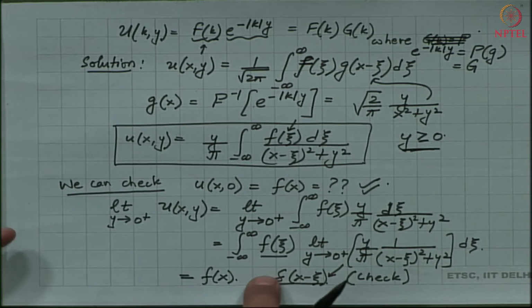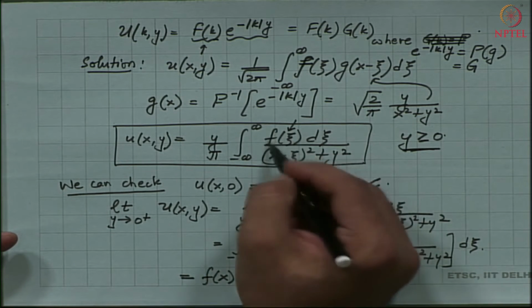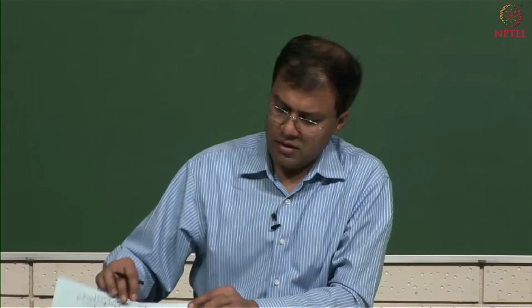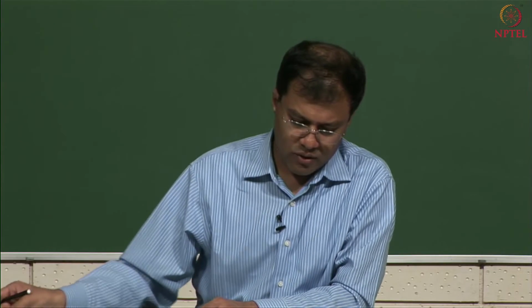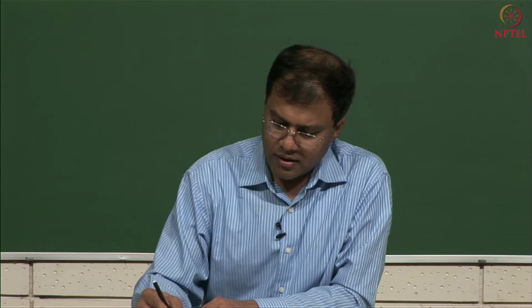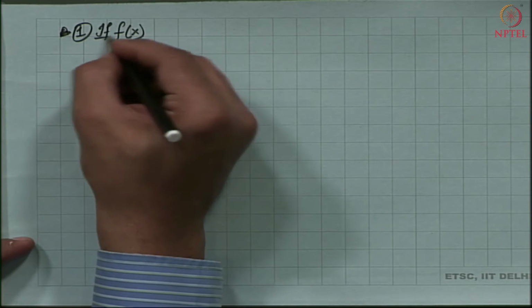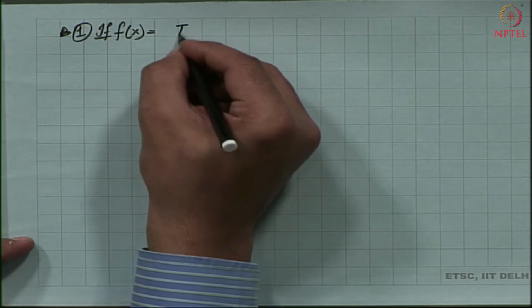Now, let us look at some particular cases of this function. Let us choose some particular cases of f and see what the solution is. Let us say my f of x is given by this Heaviside function.